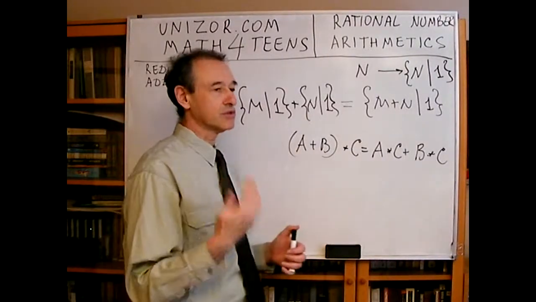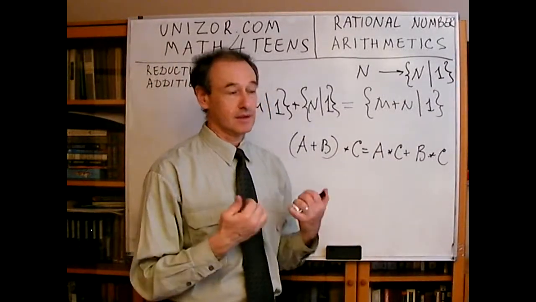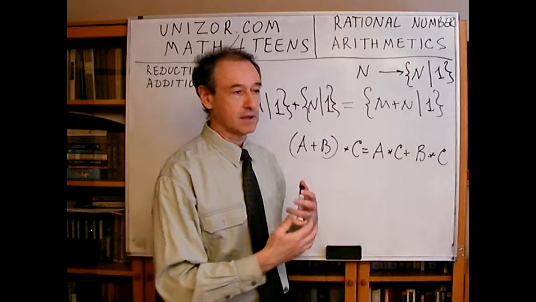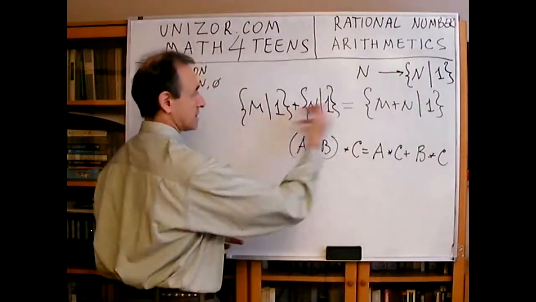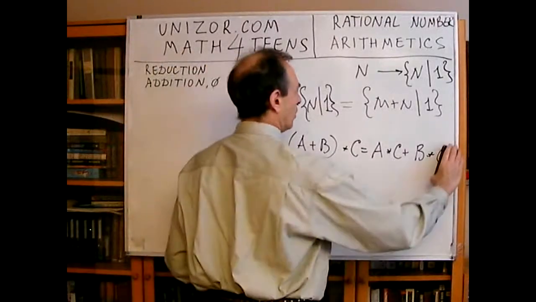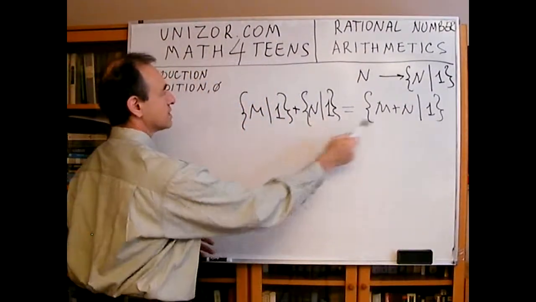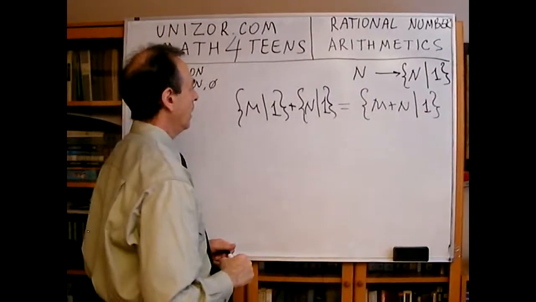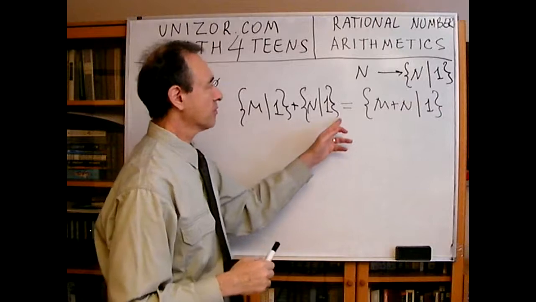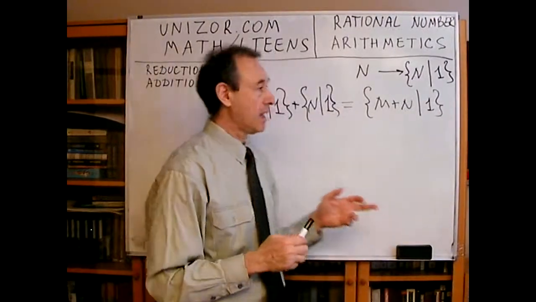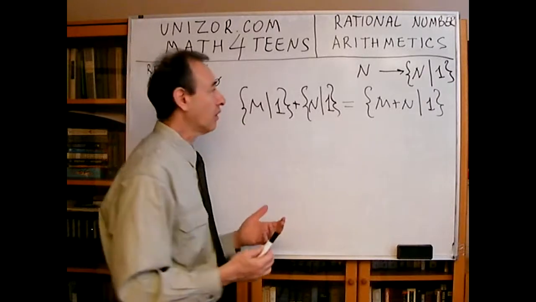Obviously, I would like to introduce my rational arithmetic in such a way that nice laws which we had in integer numbers will be preserved, like the distributive law, for instance. So I will try to do the same here. If I have this type of equation, I will multiply both sides by some rational number, and I should actually have this distributive law observed.